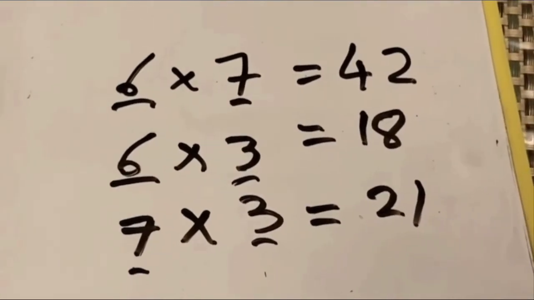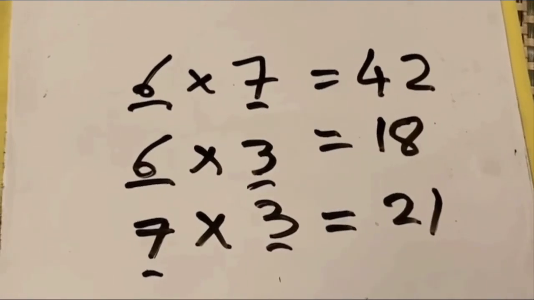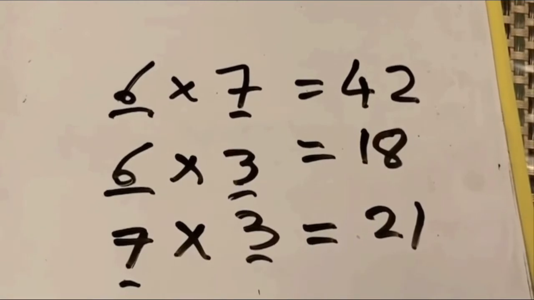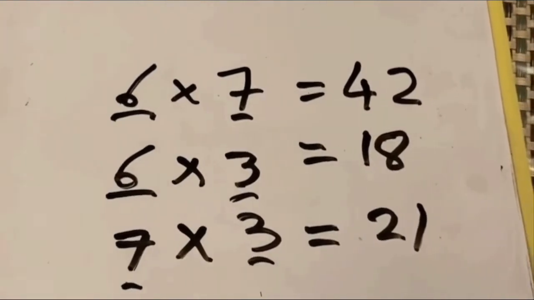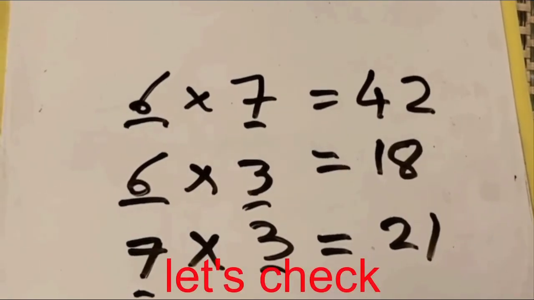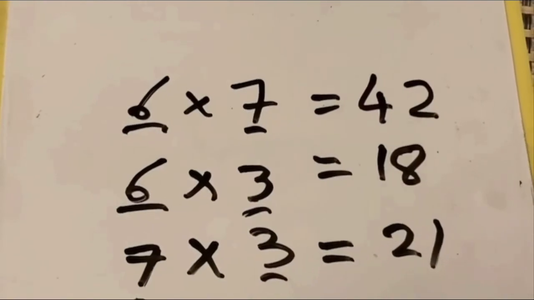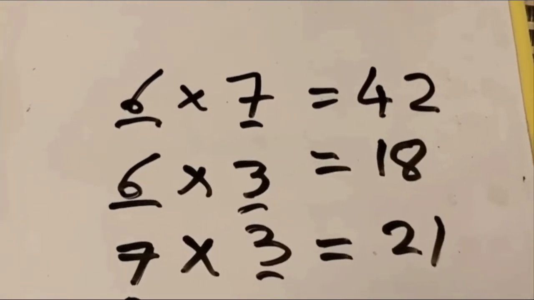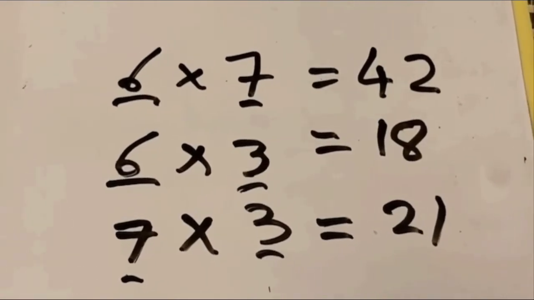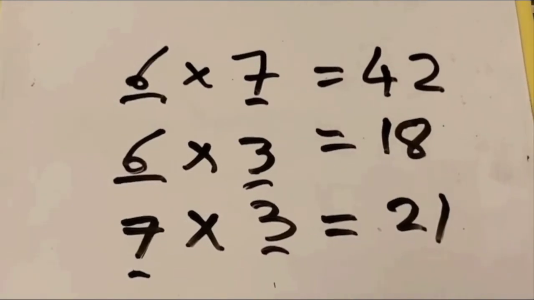If you factorize 42 into its two factors, 6 and 7, 6 times 7 gives you 42, and you need to repeat 6 in one more equation and 7 in the other equation to give you 18 and 21, and that multiple must be the same. And notice that 6 times 3 is 18 and 7 times 3 is 21.